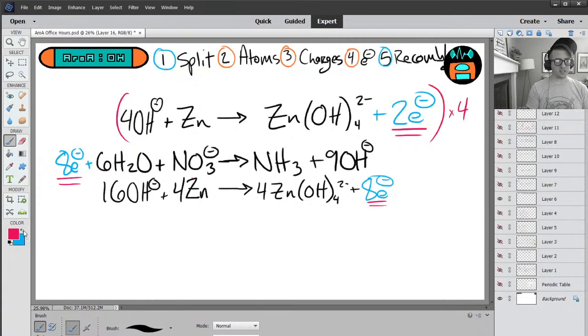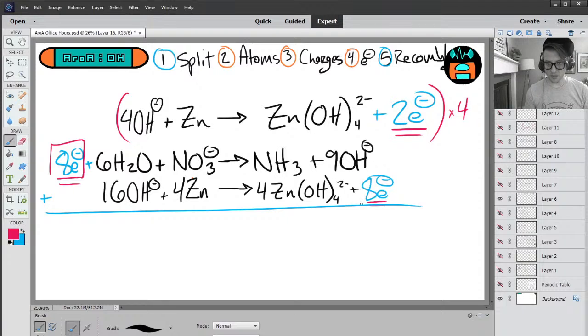Now we're ready to add these two together. We have done our job right, so our electrons cancel.